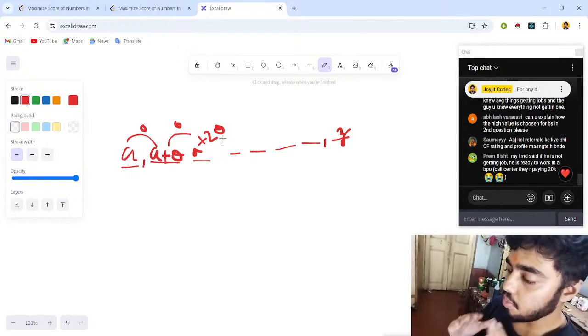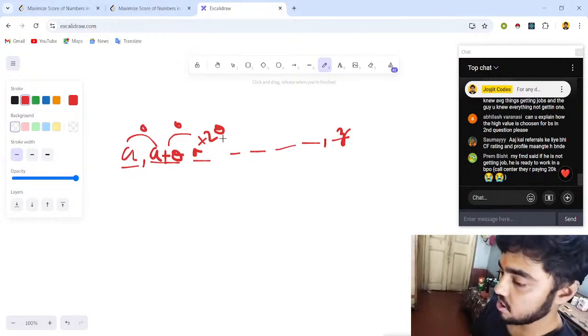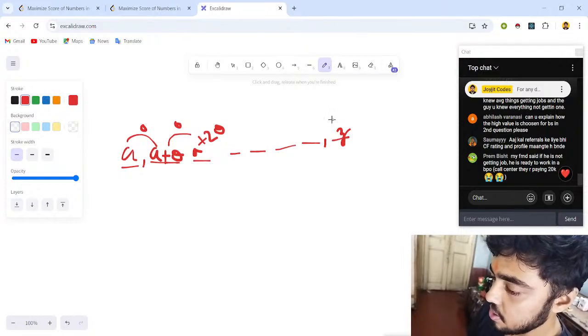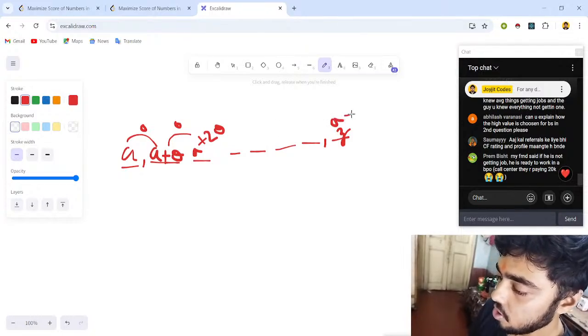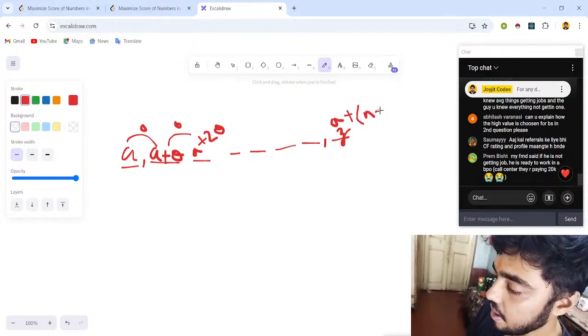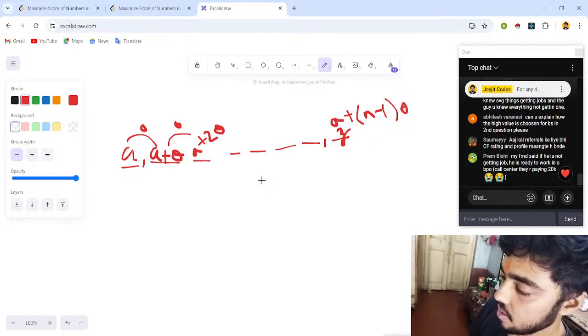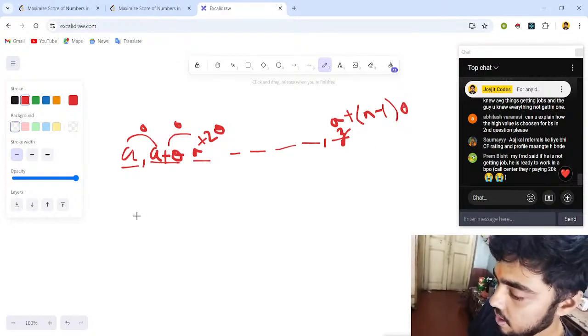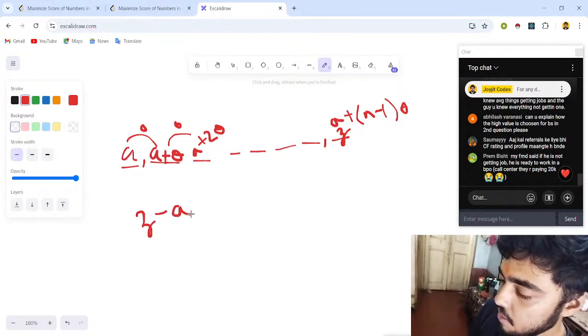Now for the highest possible value that we can have at a position, by the AP formula, it is going to be a plus (n minus 1) into theta, right? So if we know the values of z and a, and we subtract a from z, it is going to be (n minus 1) into theta.